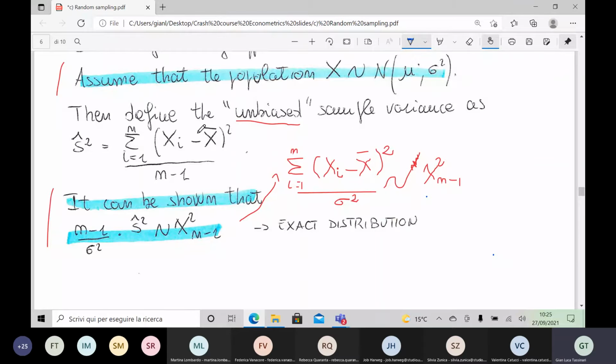If you divide only by n, you get another random variable, which is the sample variance.